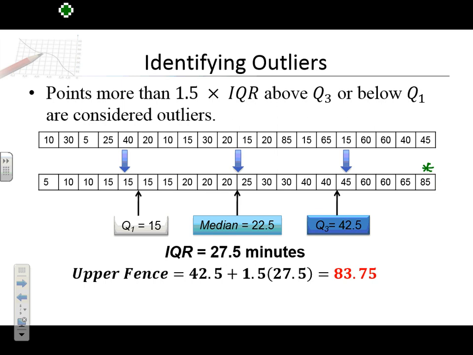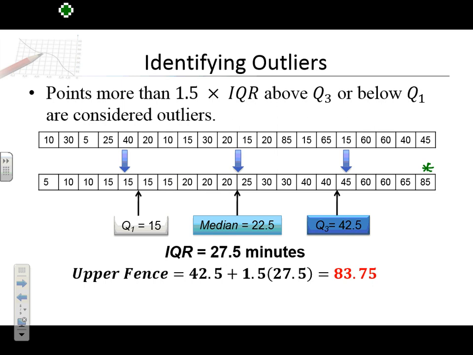Now notice that in that stem plot, if you think back to that, there was a gap. We have this 40 and 45 area here. Then there was a gap with the 60s and the 65. And we thought, well, gaps probably mean outliers. But that's not always the case.